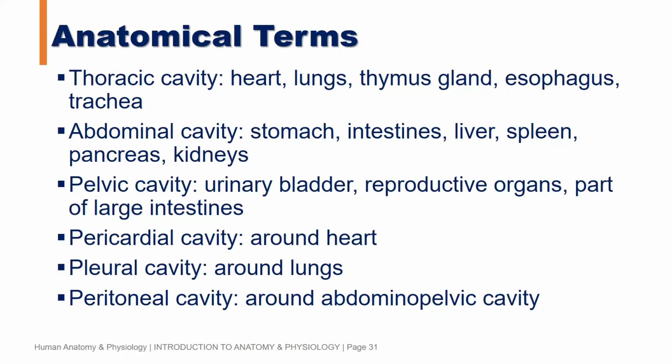Next, you have your pelvic cavity, composed of your urinary bladder, reproductive organs, and part of the large intestine. Then you have your pericardial cavity, which is around the heart, and your pleural cavity, which is around your lungs. And then you have your peritoneal cavity around the abdominopelvic cavity.